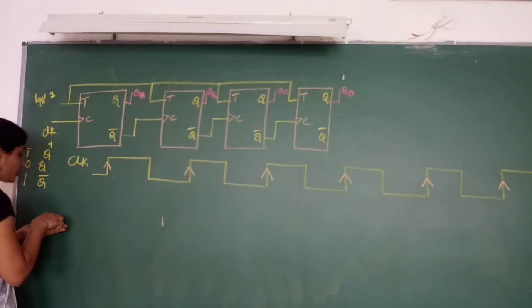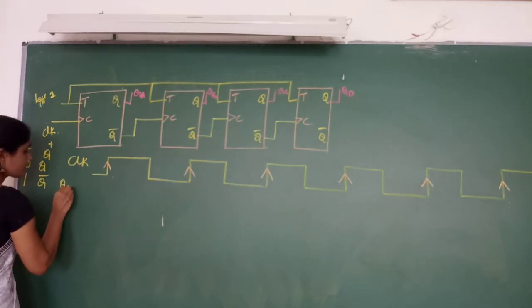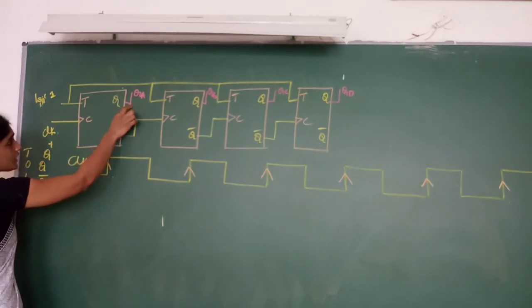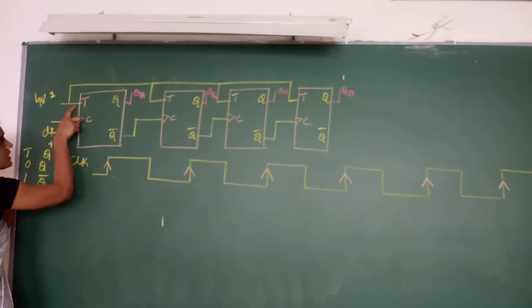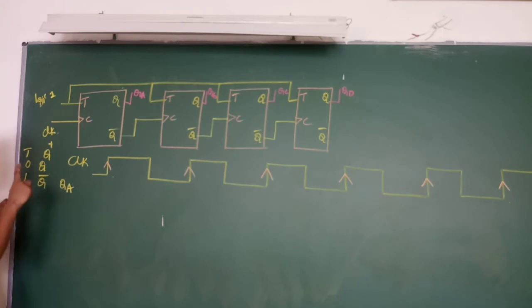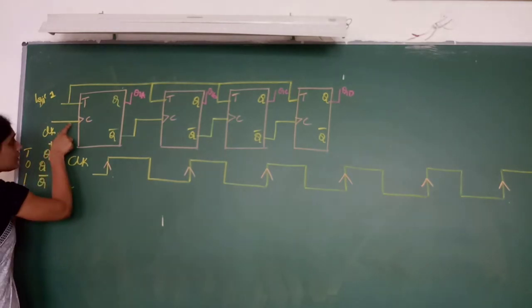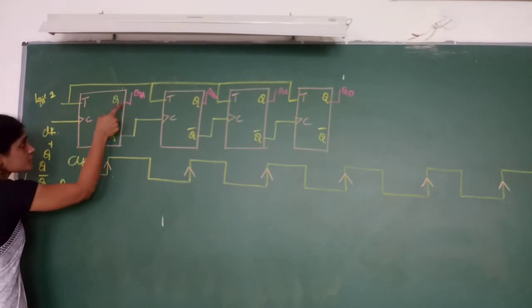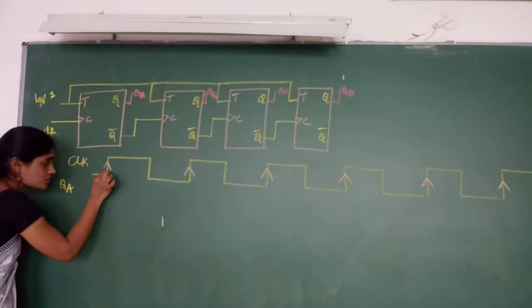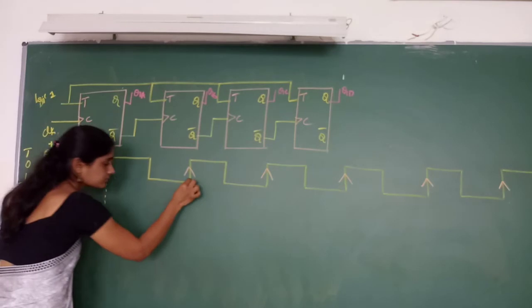So now I will write QA. QA is the output of the first T flip-flop. Its input T is logic 1, the clock is directly given, and the flip-flop is going to trigger at the positive edge. So mark all the positive edges.